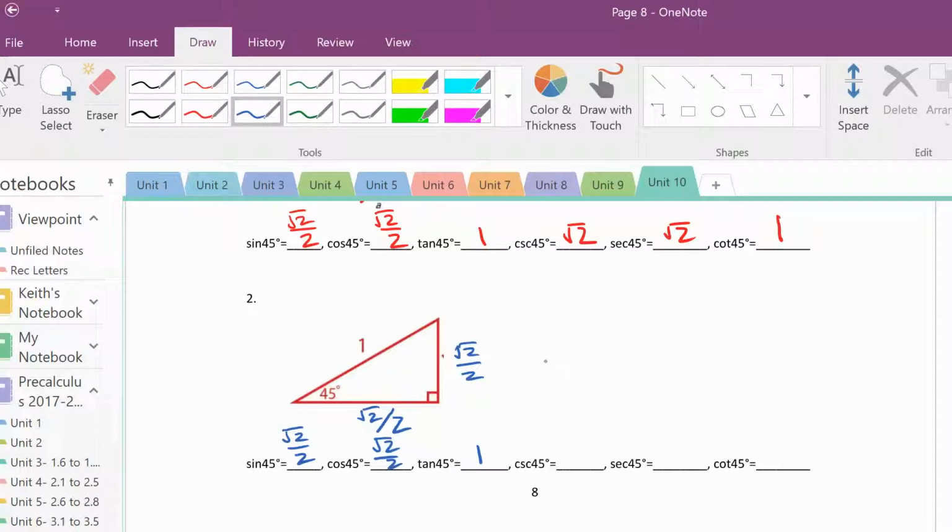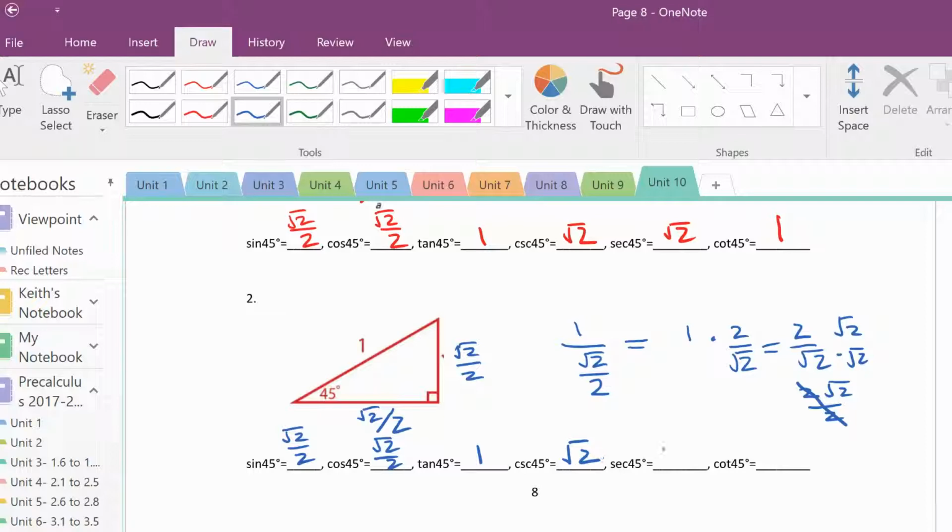The cosecant would be the reciprocal, 1 over rad 2 over 2. Well, if you notice, when you do that, that's the same as saying 1 times 2 over rad 2, which is 2 over rad 2. And then you rationalize, and you get 2 rad 2 over 2, and the 2's cancel out.